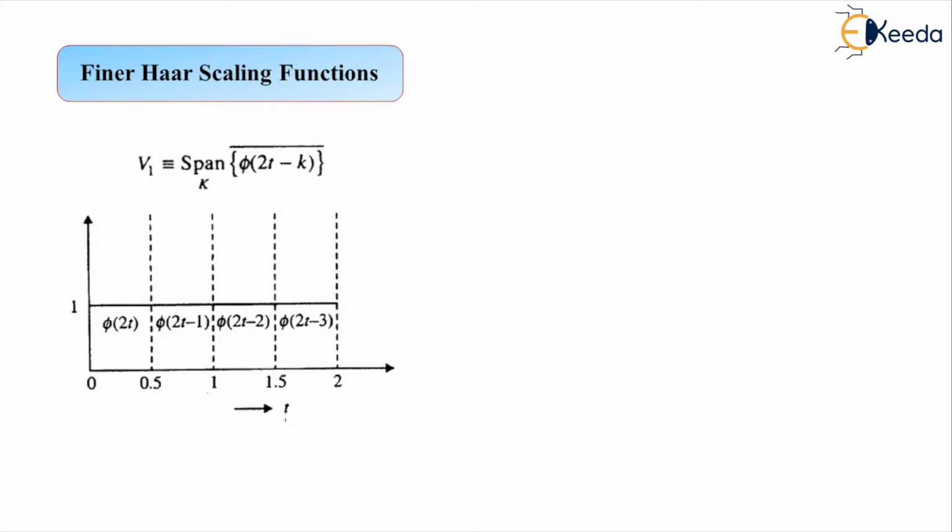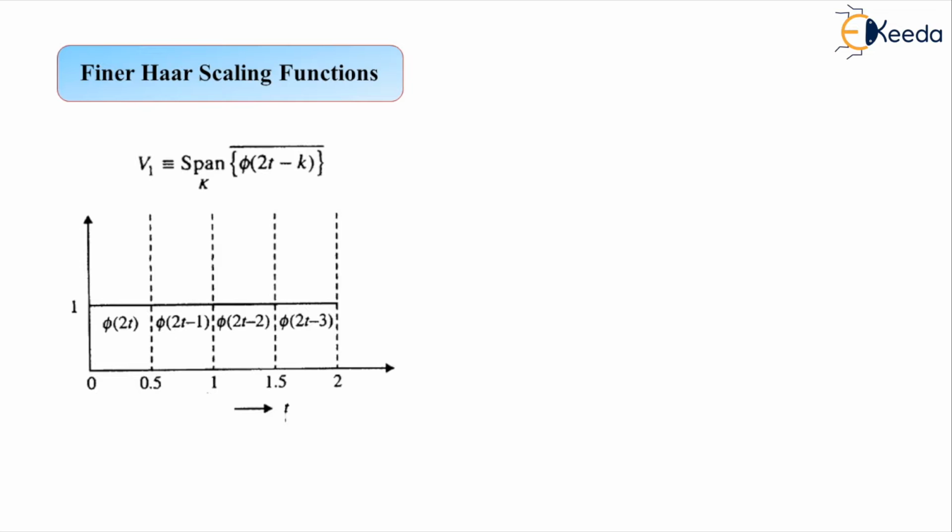If we reduce the time interval, let us for example first make it half. So instead of having the constant amplitude level equal to 1 for the time duration 0 to 1, let us make it 0 to 0.5.